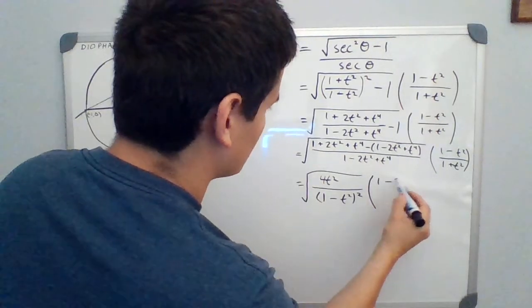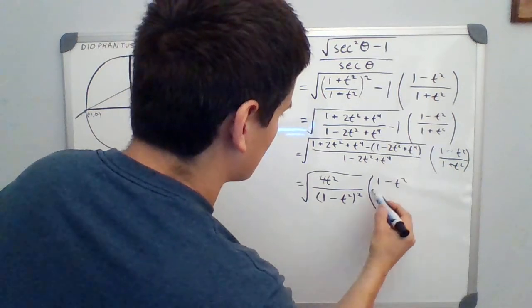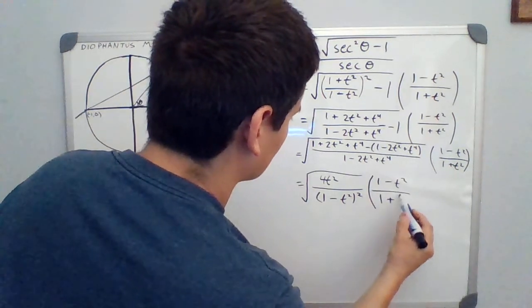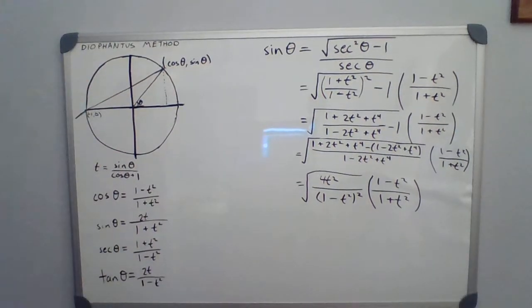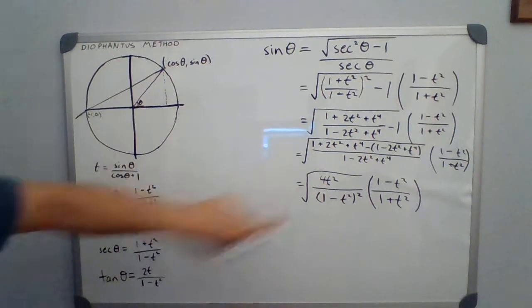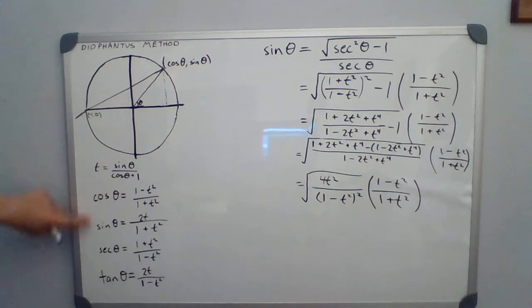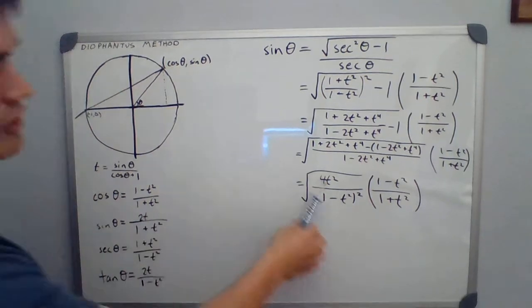And 1 minus t squared divided by 1 plus t squared. Okay, so you remember what the goal is? What we're trying to make this look like? Well, we're trying to make it look like sine of theta here, 2t divided by 1 plus t squared. Now, I don't know if you can see it yet, but I can already see how it's going to happen.